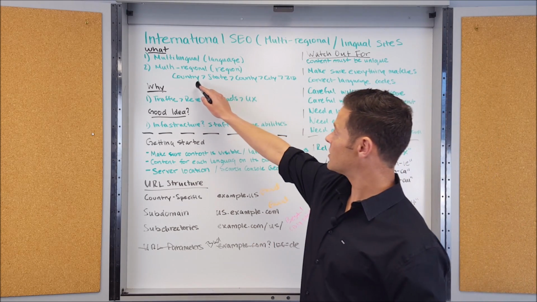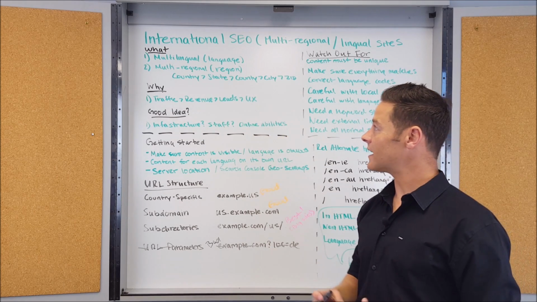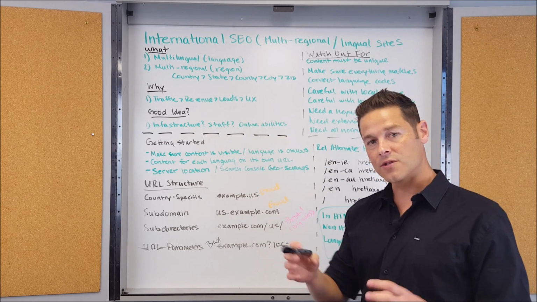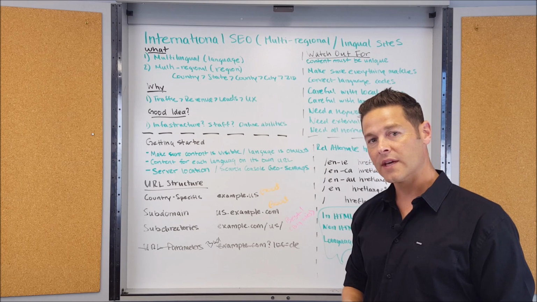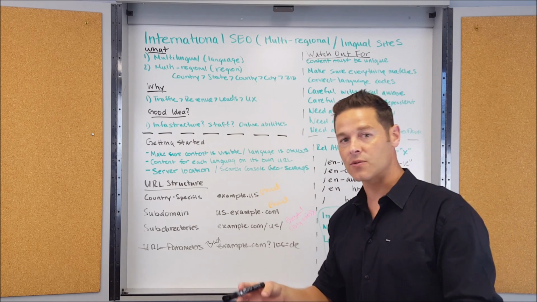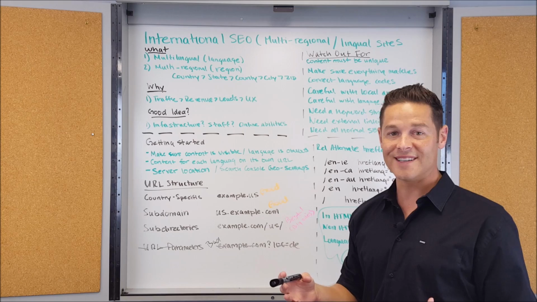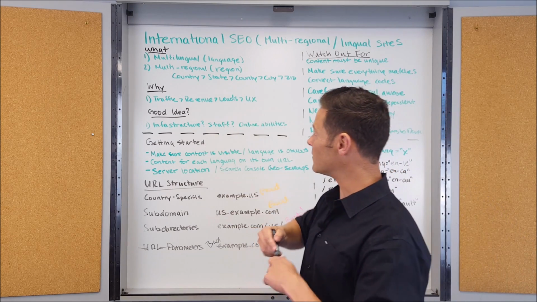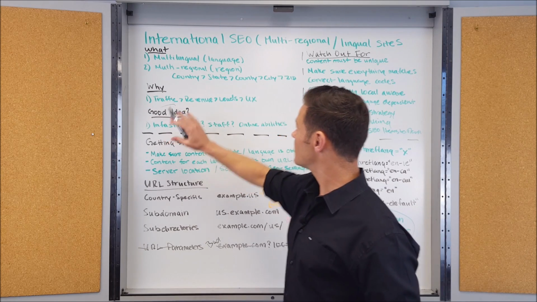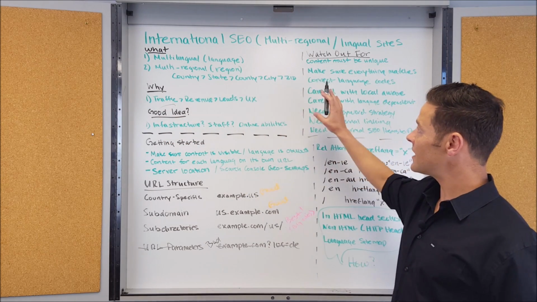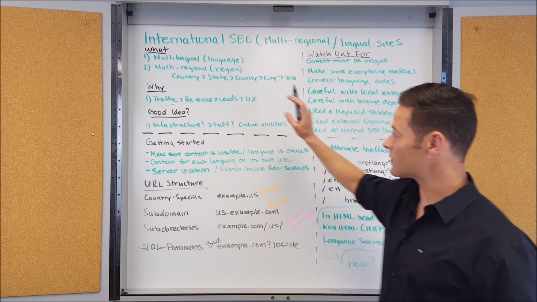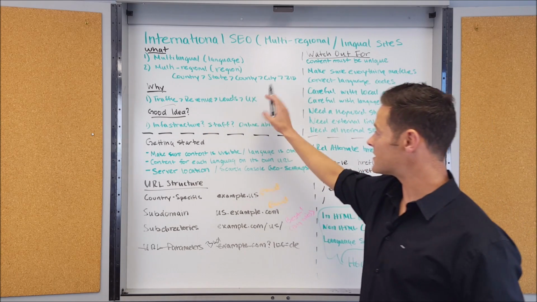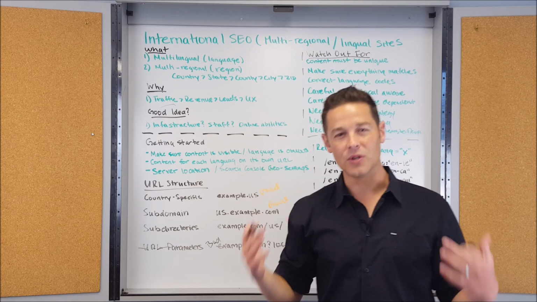Also, multi-regional is basically looking at different countries, right? So there's different country versions of Google, and if you get ranked in a different country, there's a big opportunity to get more traffic, more sales from that area, and that's exactly why you would do that, right? So why would you go international? Why would you do international or multilingual, multi-regional SEO? For traffic, revenue, leads, sales, and also to help users, right?